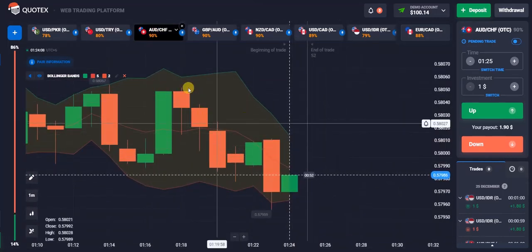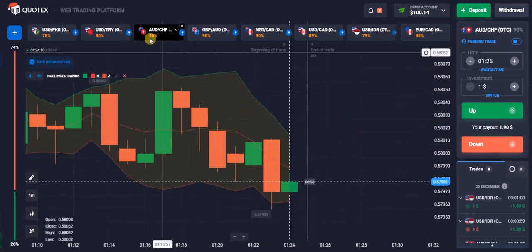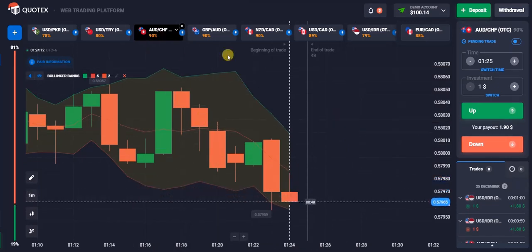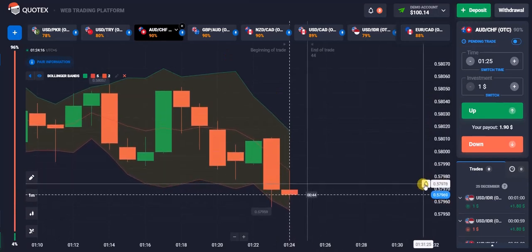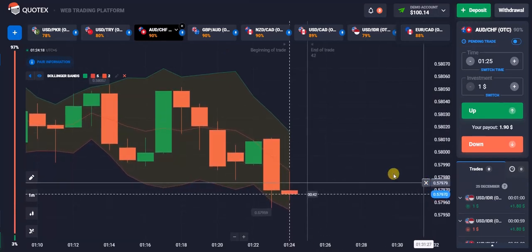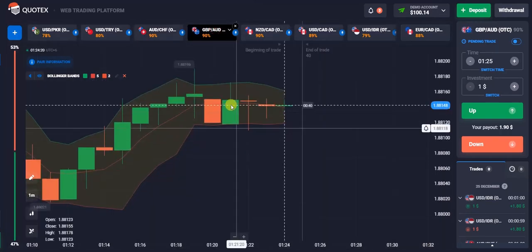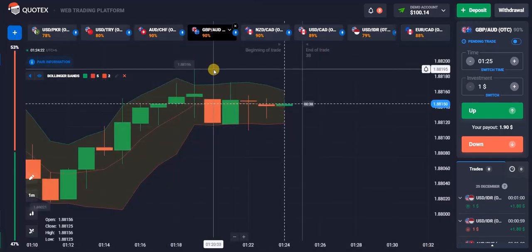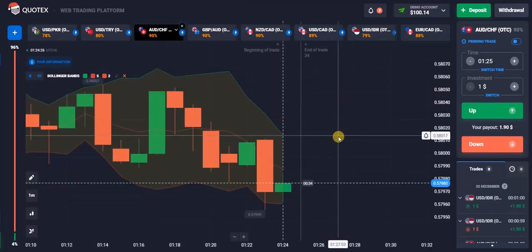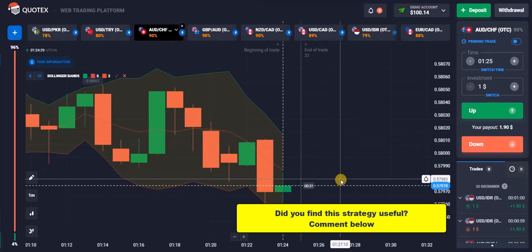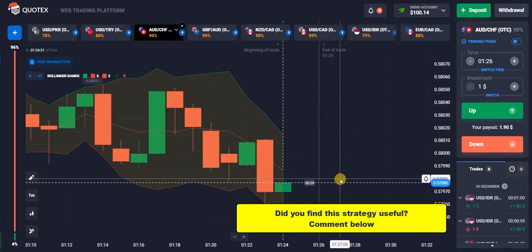So I think we're gonna find an opportunity right here. We are on the AUD CHF OTC market. We're gonna put a bet right here. If it becomes a green candle, we're gonna take it. Okay, let's see if we can find an opportunity right here or not.